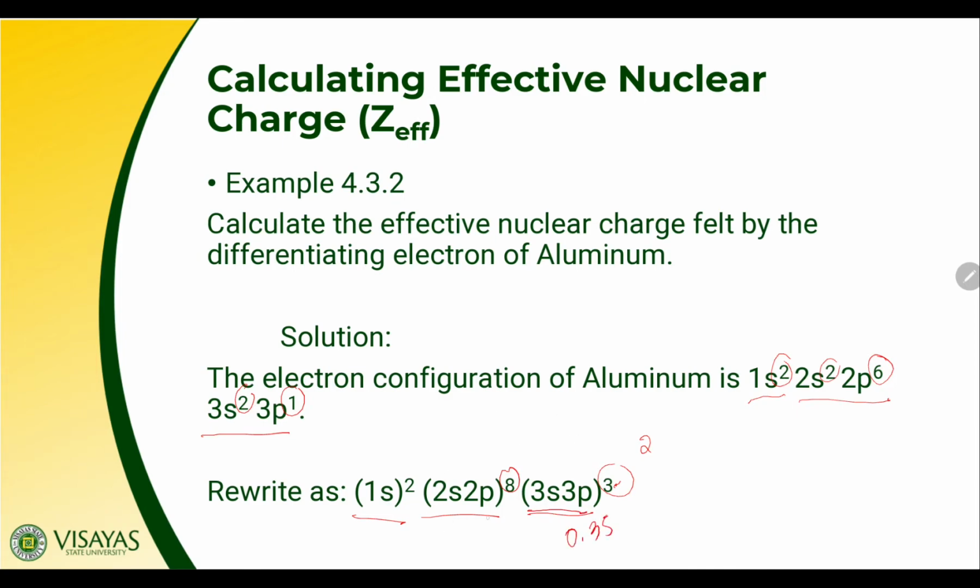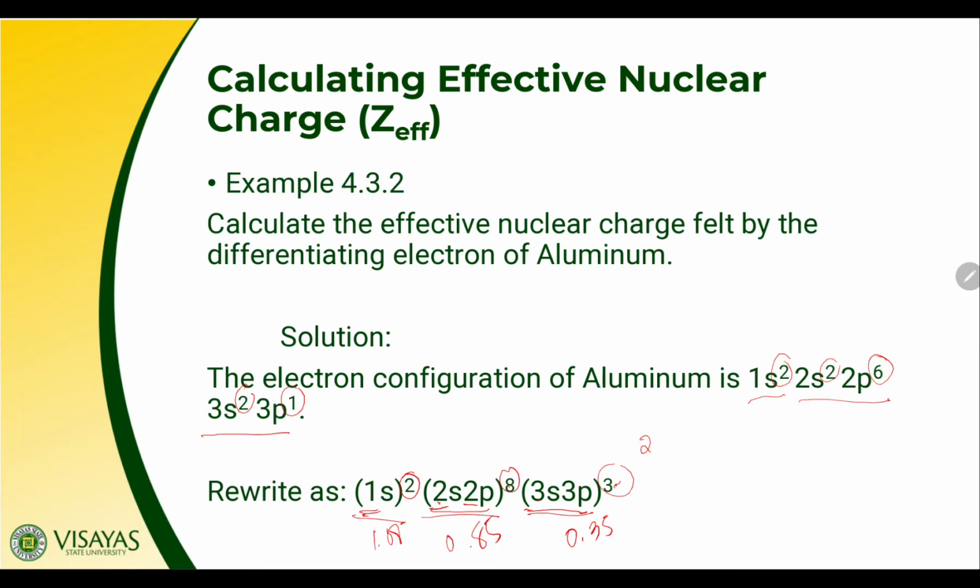If it's n minus 1, so 3 minus 1 is 2, so this is in the n minus 1, we multiply this by 0.85. And if the electron is in the n minus 2, so 3 minus 2 is 1, we multiply this by 1.